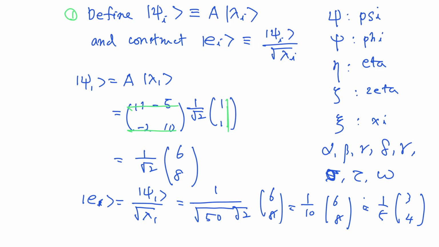Maybe I should go a little bit slower. E_1 is one over 5 times (3, 4). Step 2.